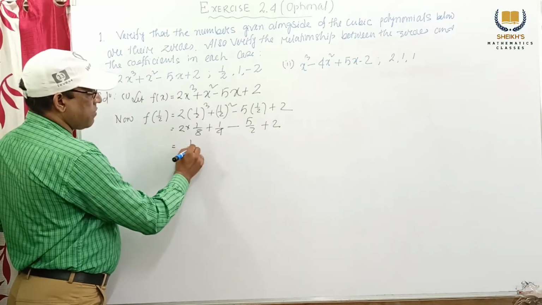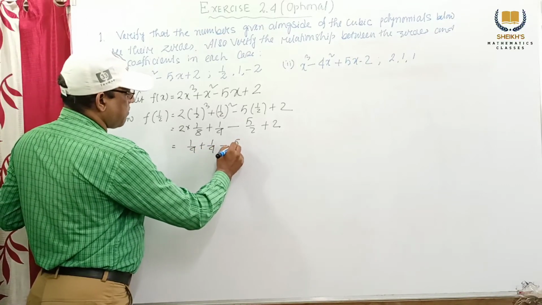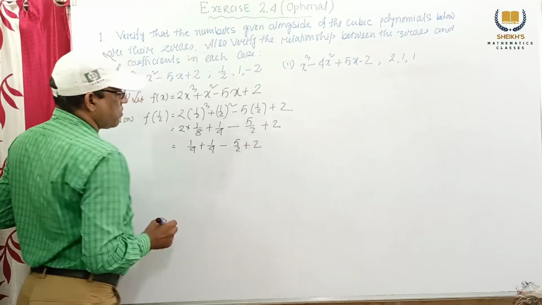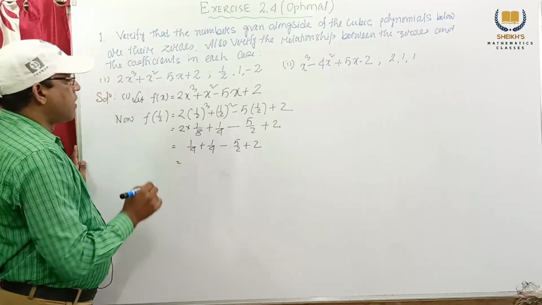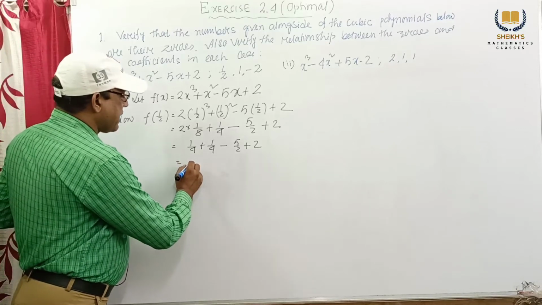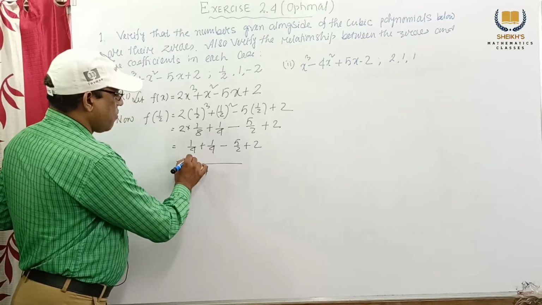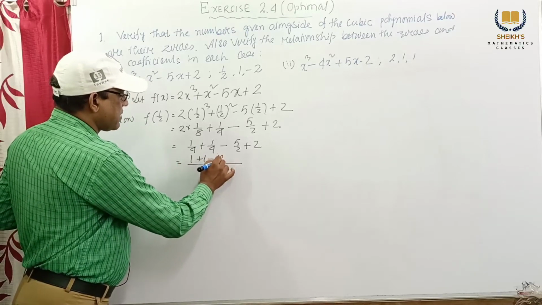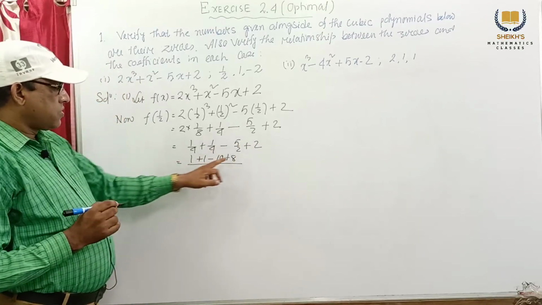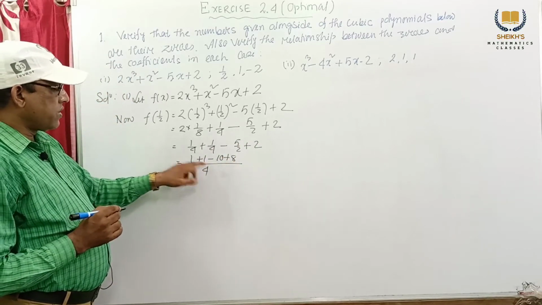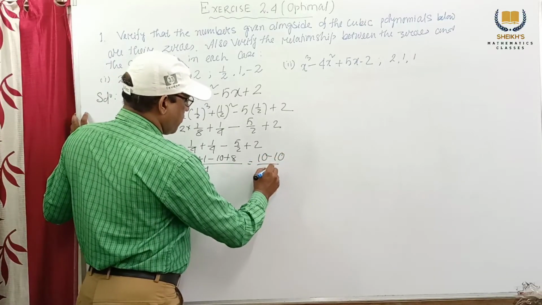plus 1 by 4, minus 5 by 2, plus 2. This is 1 by 4 plus 1 by 4 minus 5 by 2 plus 2. So taking LCM, LCM is 4: 1 plus 1 minus 10 plus 8, so 10 minus 10 by 4.